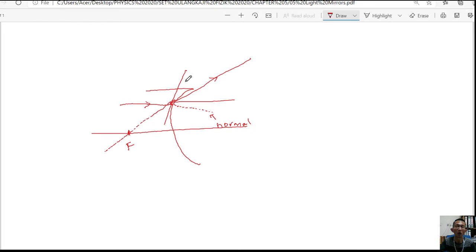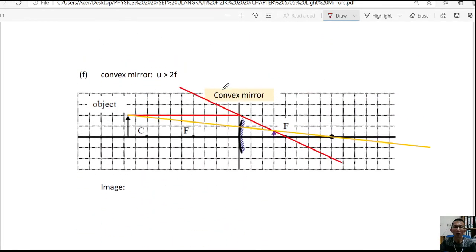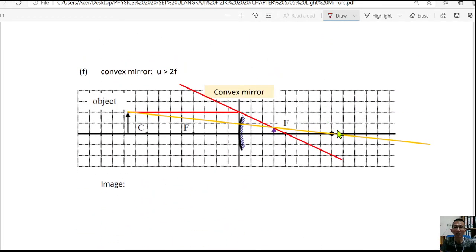If I am to use my C, here is my C. Here is the line just now, parallel to my principal axis, and it must be reflected through my focal point. So this orange line, I project it to the mirror, and it is passing through my center of curvature.